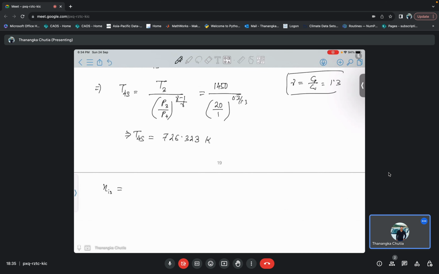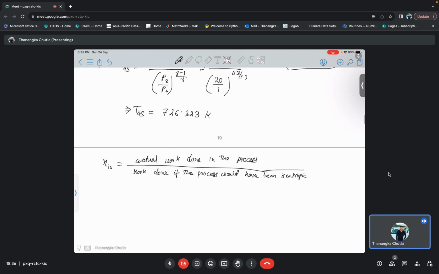Now eta isentropic. Again I am writing once again: actual work done in the process divided by work done if the process would have been isentropic.